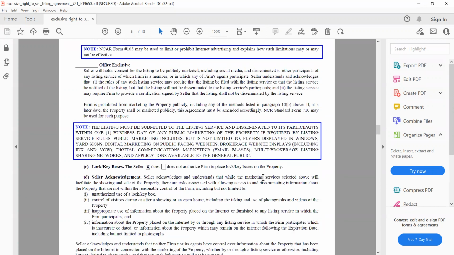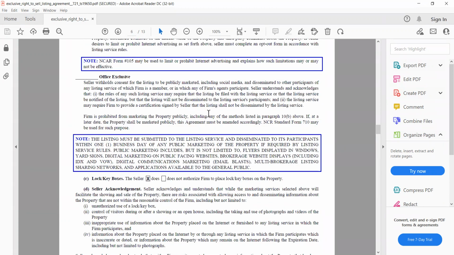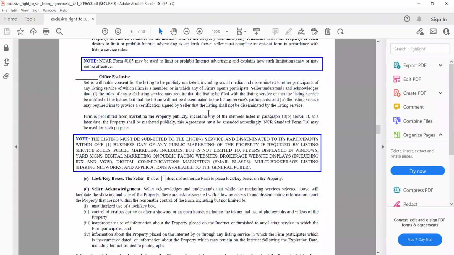On down page 6, middle way up, one up near the top, there's a little box that says office exclusive. Let's look at that for a minute. If this is initialed, it says seller withholds consent for the listing to be publicly marketed, including social media, and disseminated to other participants of any listing service of which firm is a member or in which any of firm's agents participate.